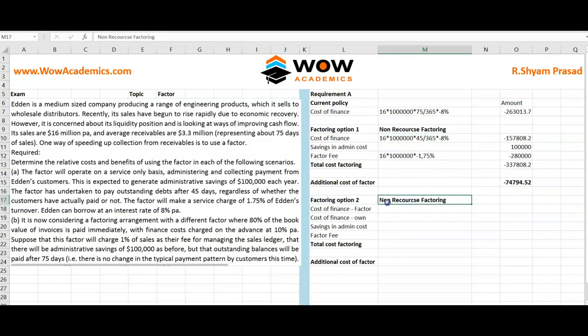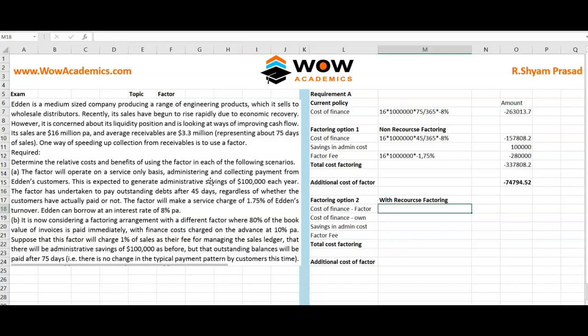So they say that this is going to be with recourse factoring. That is, if the customers don't pay, then the factor will not be responsible. He will send those bills to the company and the company has to chase them. So it says the factor will make an immediate payment and will charge for 45 days. So here in the second factoring, it doesn't work like in the first factoring.